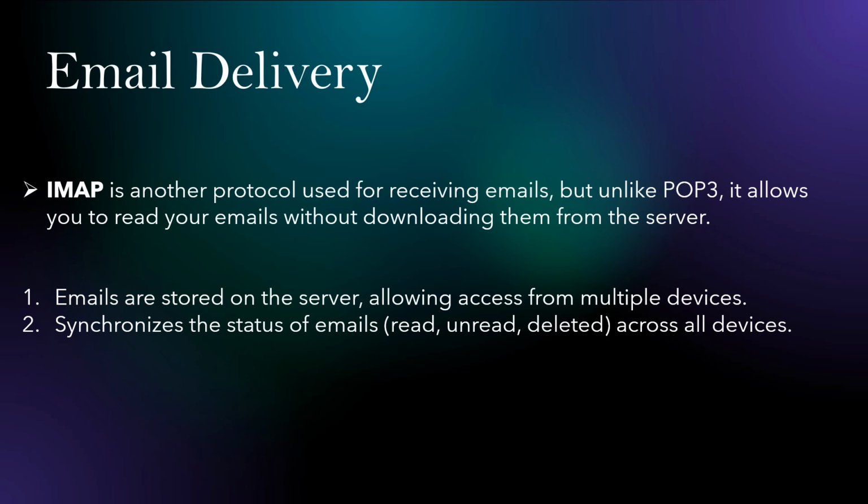In POP3, the email is automatically deleted when the receiver receives it after coming online. In IMAP, you can easily access your email from any other device, so you do not lose your email.